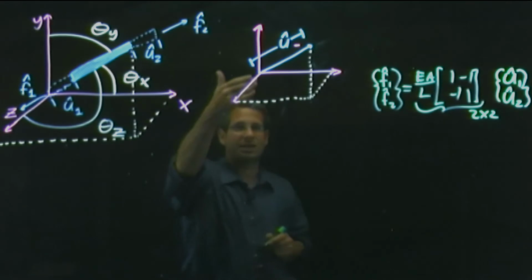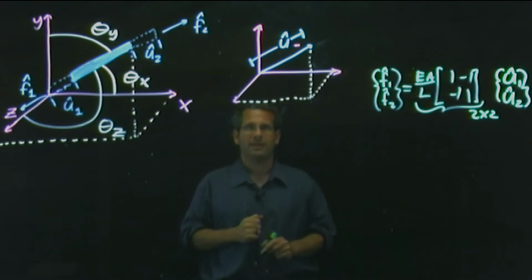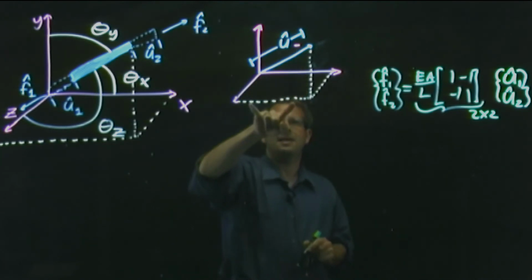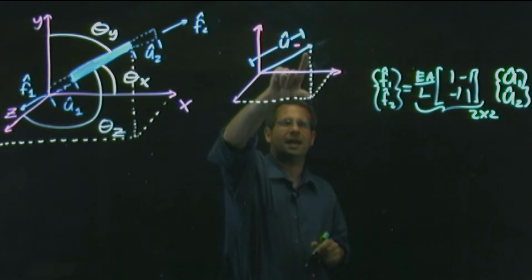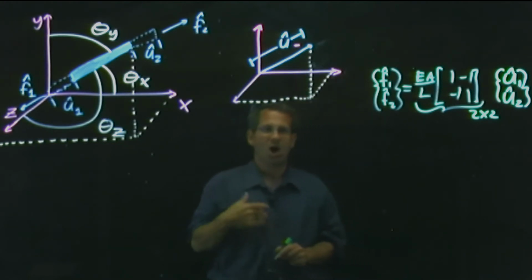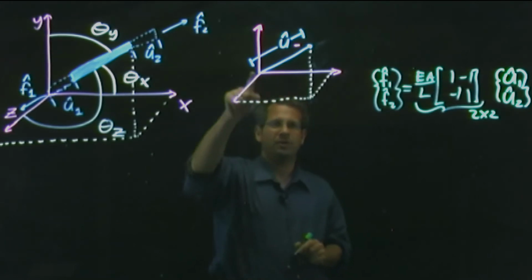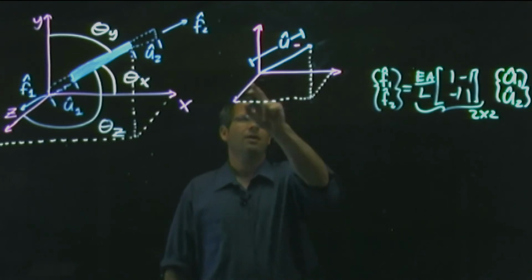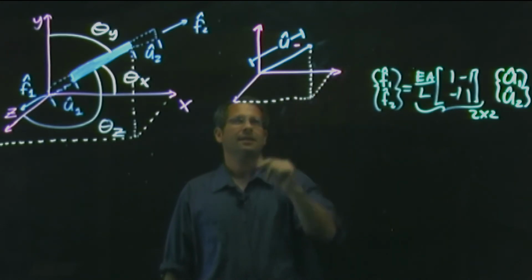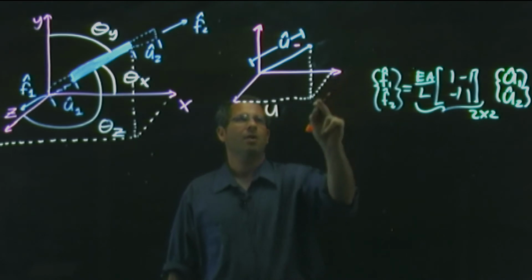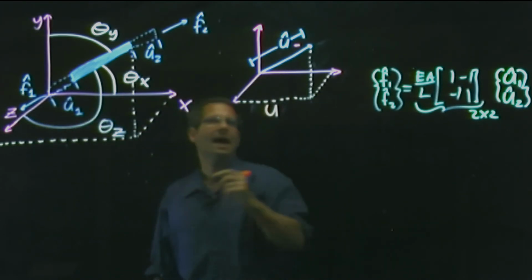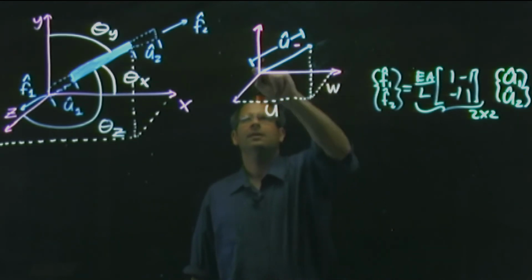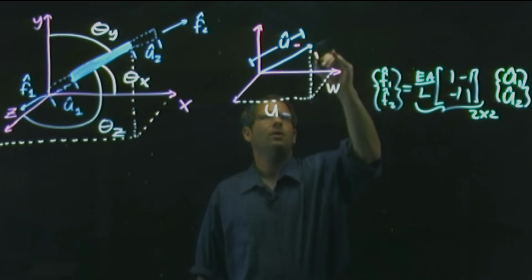If I wanted to describe it in the global coordinate system, I would need to decompose its length in the x direction, its length in the y direction, and its length in the z direction along the global coordinate system. I'm going to call this length along the x axis u. I'm going to call this length parallel to the z axis w, and this length parallel to the y axis I will call v.